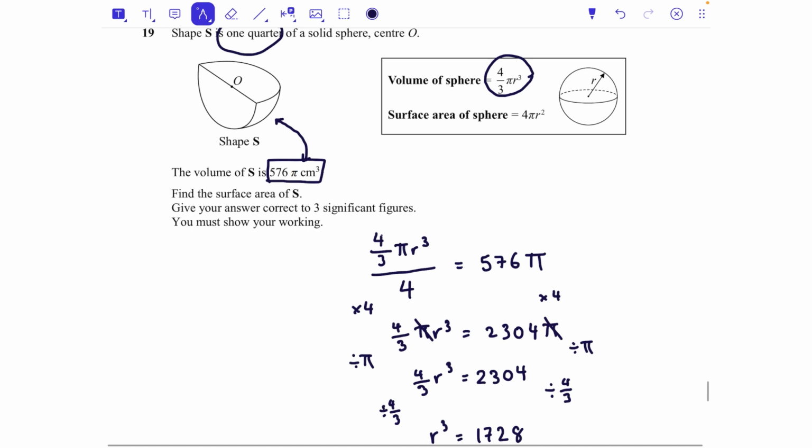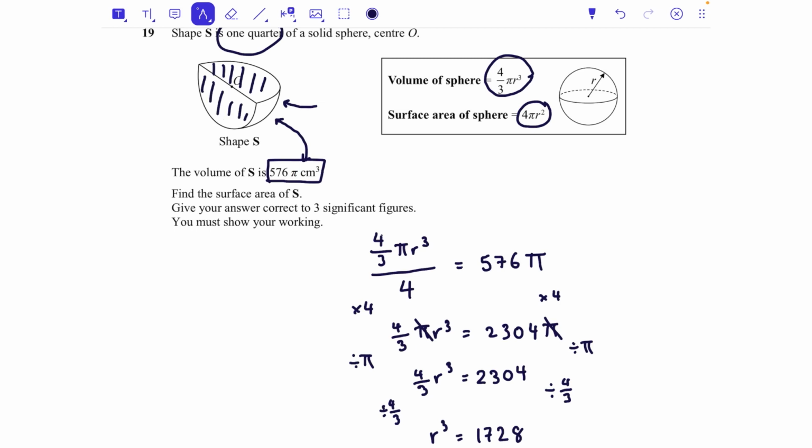We now need to work out the surface area, and we're given that the surface area of a sphere is 4 pi r squared, but again that would be for the entire sphere. We actually only have 1/4 of the outside shape, but we do have this part and this part, which would actually make a circle.